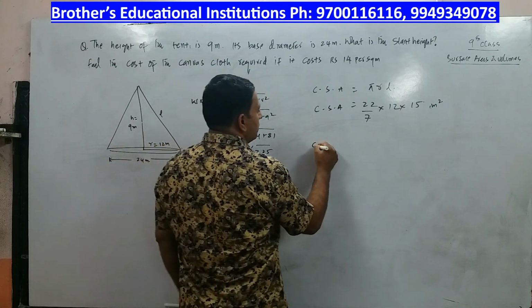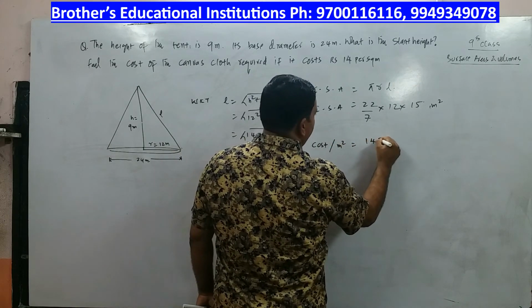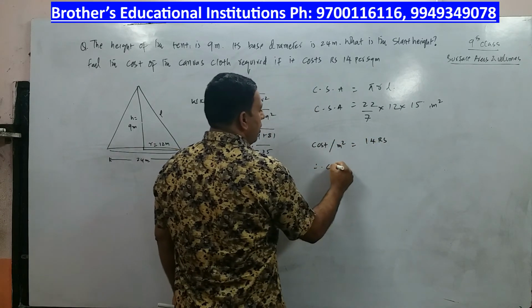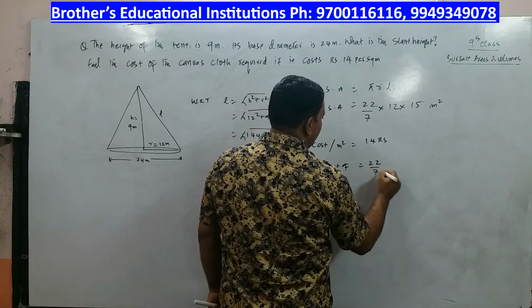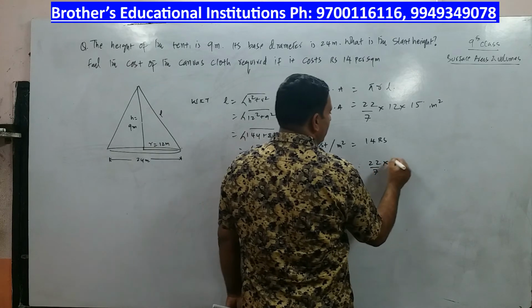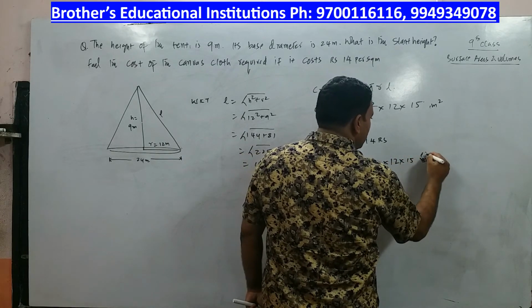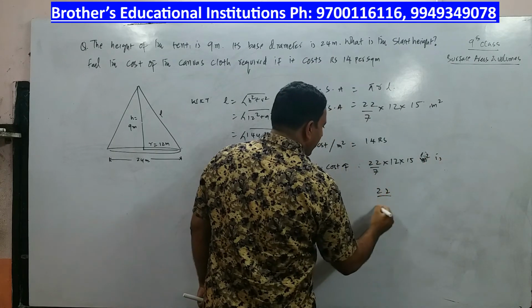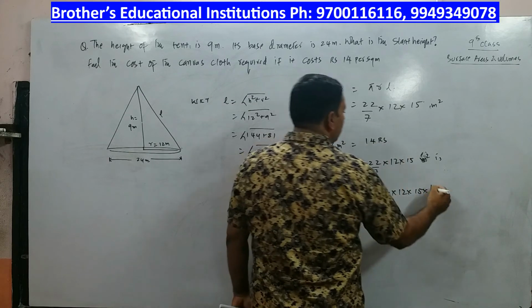So the cost per meter square is 14 rupees. So therefore the cost of 22 by 7 into 12 into 15 meter square is 22 by 7 into 12 into 15 into 14.